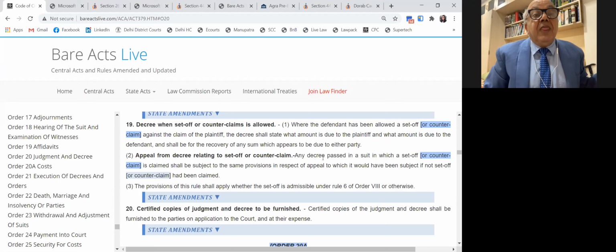And sometimes there is a provision in the CPC: suppose during the pendency of the suit, the defendant has sold the property by assignment to a stranger. The stranger has not chosen to come and record under Order 22, Rule 10. Now, ultimately, a decree is passed against the defendant in favor of the plaintiff.